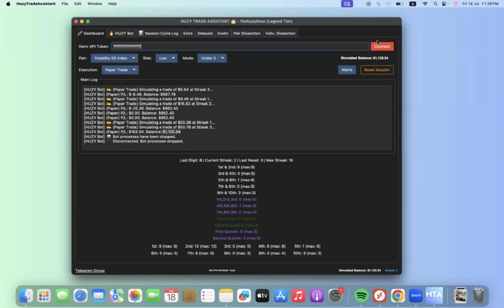Okay. So now that you understand how this multiplier works and the concept of understanding which mode you're going to be choosing, if it's going to be under 4, under 3, under 2, understanding how much they're paying out to you. Okay.